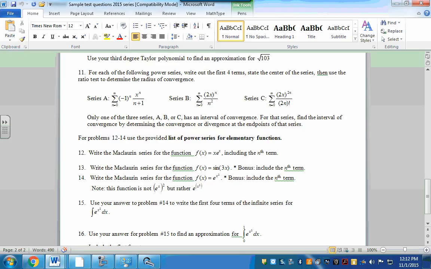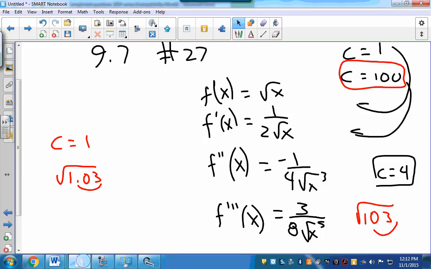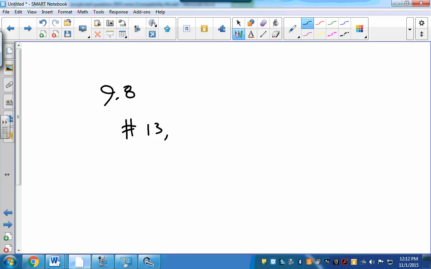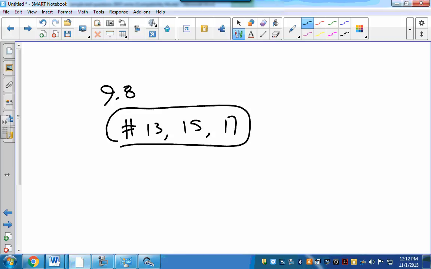And all of those problems were out of 9.8. They had a nice set there. You might want to try 9.8, numbers 13, 15, 17. Problems like that would be nice to practice with. Because I think in there you have one of each type that you could analyze. Answers are in the back of the book. You can play with that.